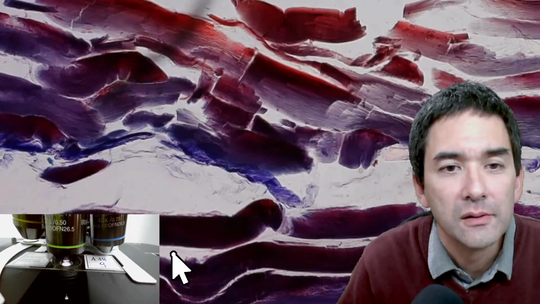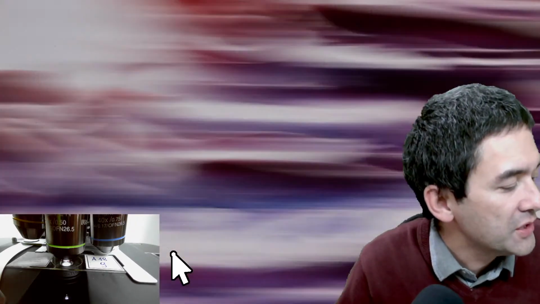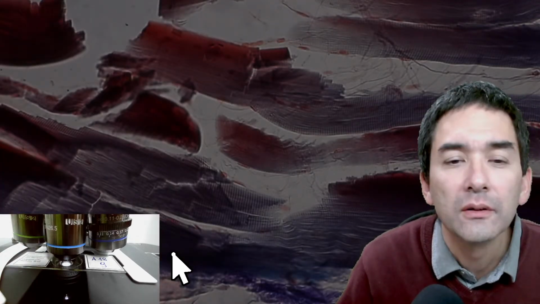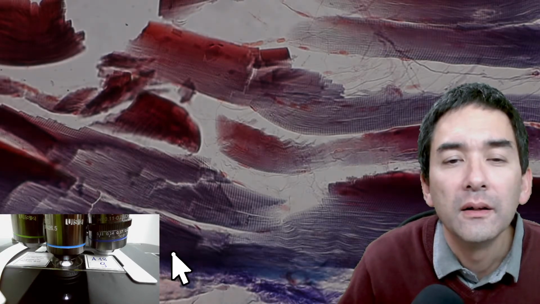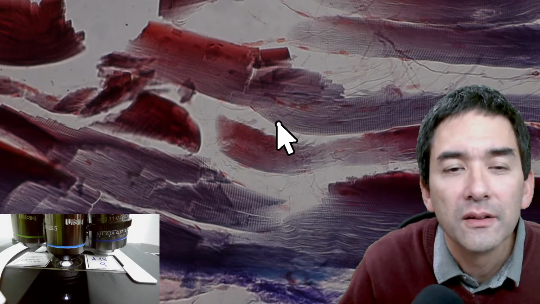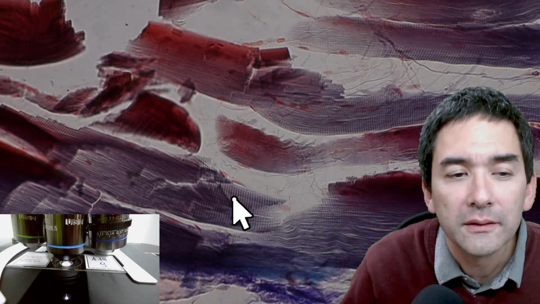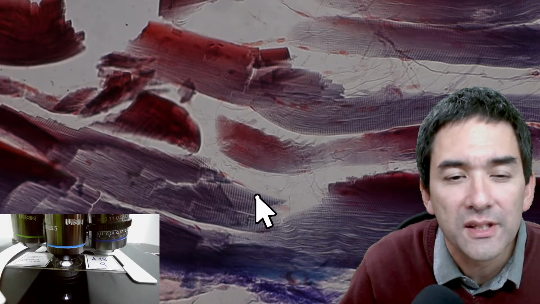Okay, you see all of the individual muscle fibers here, running across. Let's go up and see if we're able to see the so-called striations. Do you see those? Here it is. Do you see those little lines running in parallel? That's why skeletal muscle is also known as striated muscle.